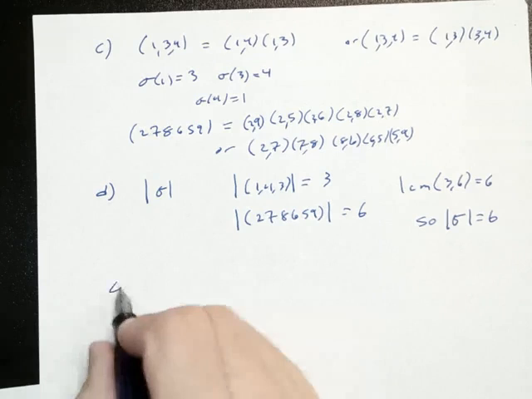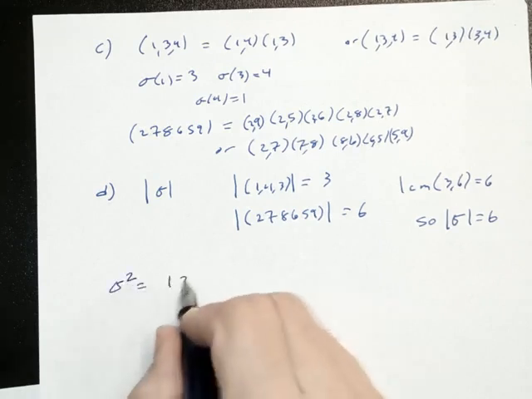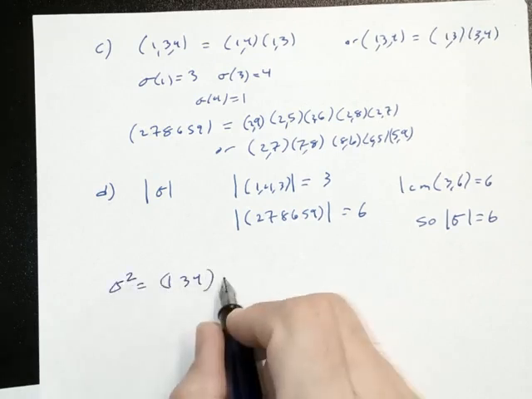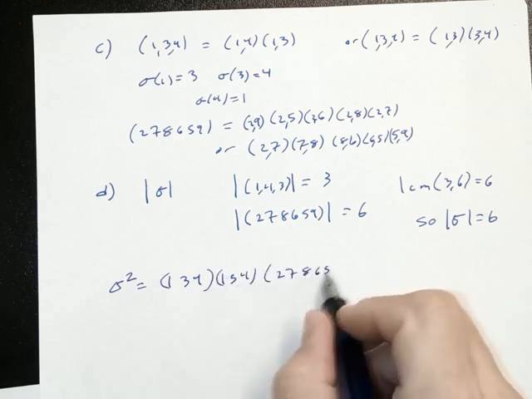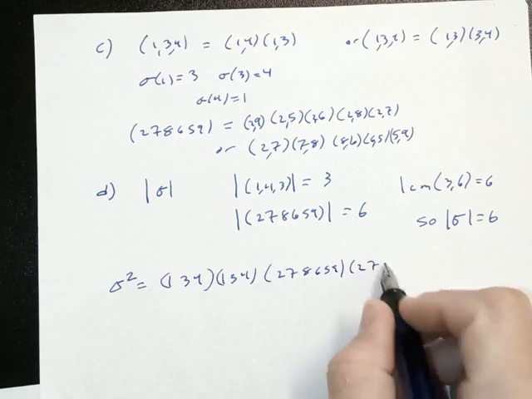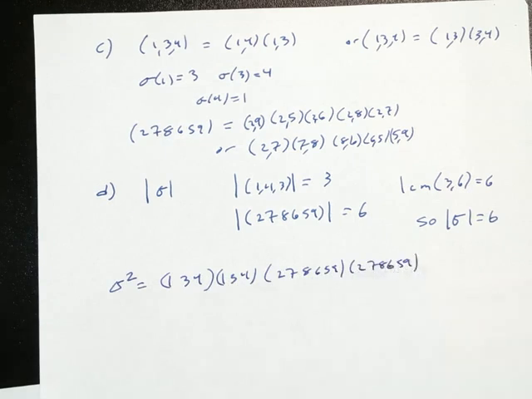So if I do sigma squared, that's 1, 3, 4, 1, 3, 4, 2, 7, 8, 6, 5, 9, 2, 7, 8, 6, 5, 9. Cycles that are disjoint commute, so I don't have to worry about moving things across each other. As long as there are no numbers in common, I'm allowed to do that.